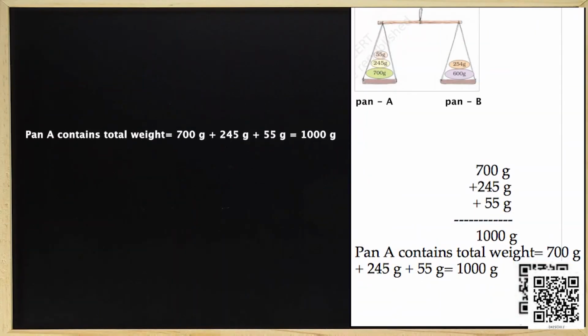Let us find out. Pan A contains a total weight of 700 gram plus 245 gram plus 55 gram, and 700 gram, 245 gram and 55 gram total 1000 gram, whereas pan B contains a total weight of 1 kilogram.